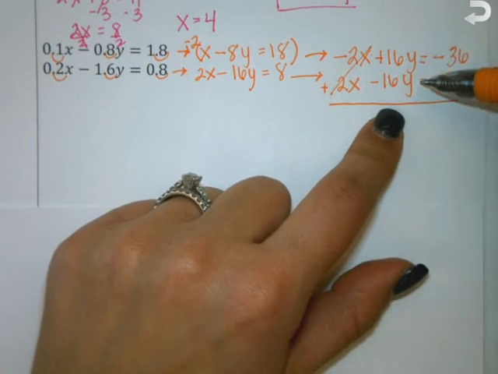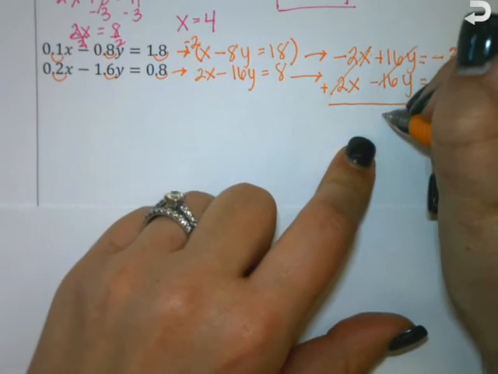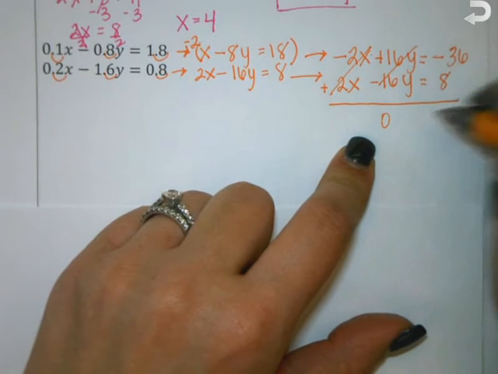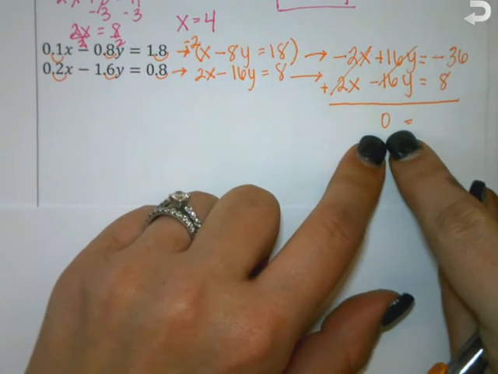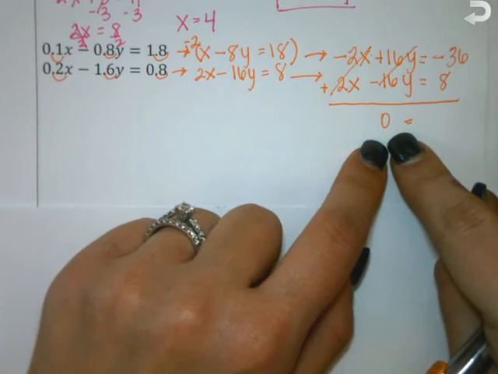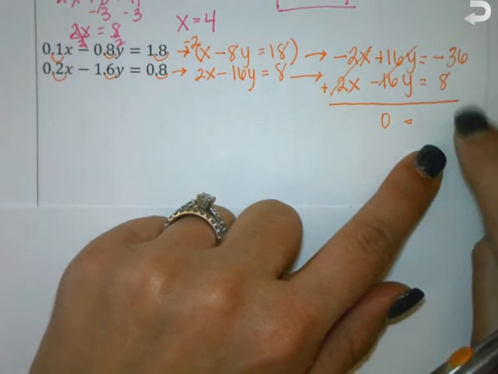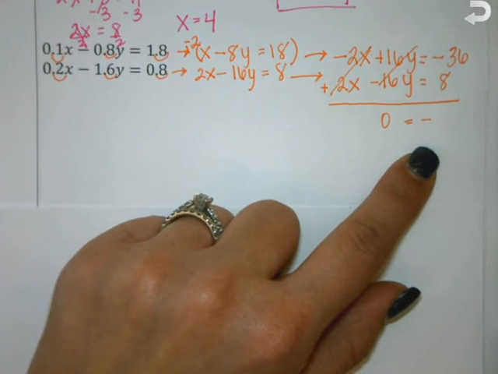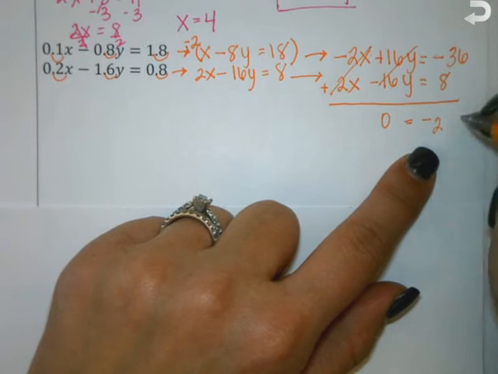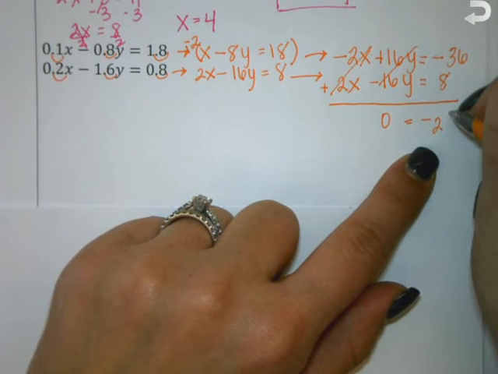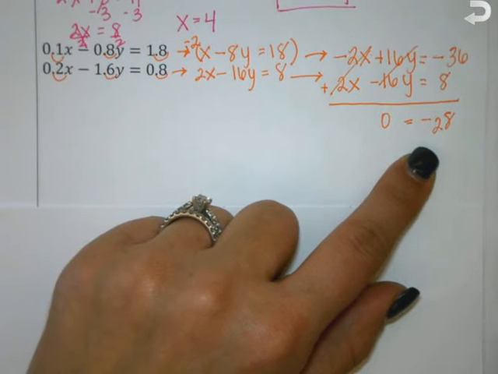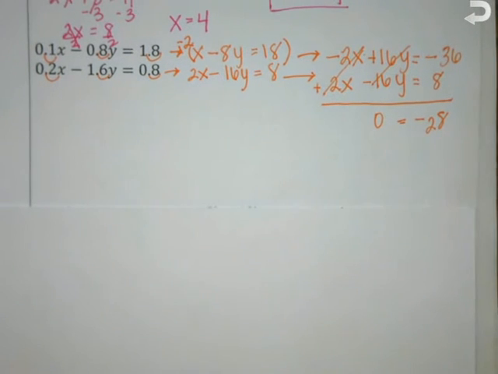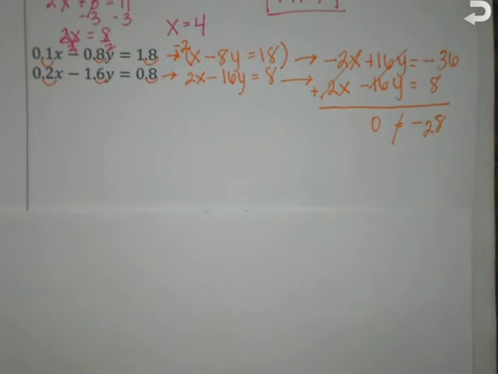It also eliminates. So what am I left with on the left-hand side? No, hold on. On the left, everything eliminated. So what do we have? What am I left with on the right? 28. I know. I'm just double checking. Does 0 equal negative 28? No. So, no solution.